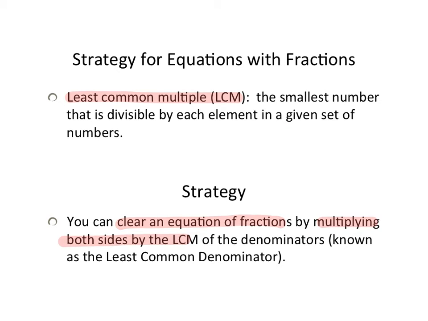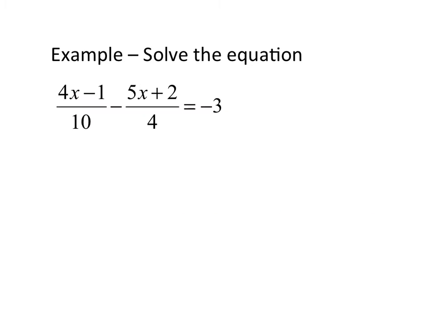Because we know it's divisible by each of those. That's when we get those nice integer sort of results after we multiply. Okay, because we're doing the least common multiple of denominators, you will frequently hear people say least common denominator. But we're not creating those common denominators and doing the work. We're using that number to clear our equation of fractions.